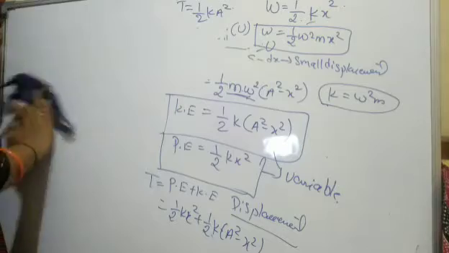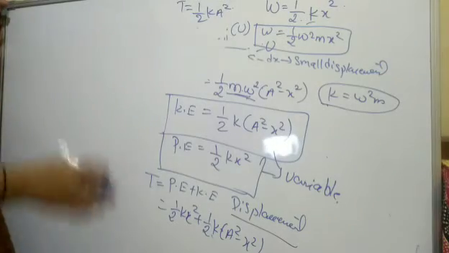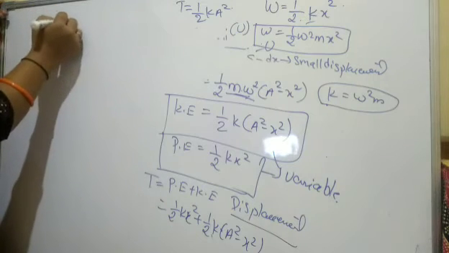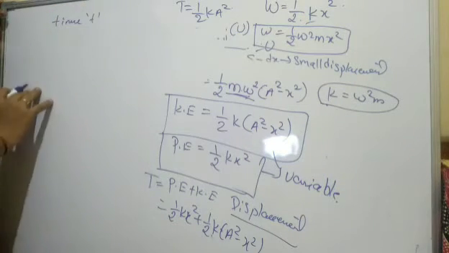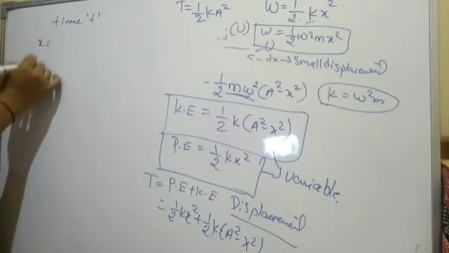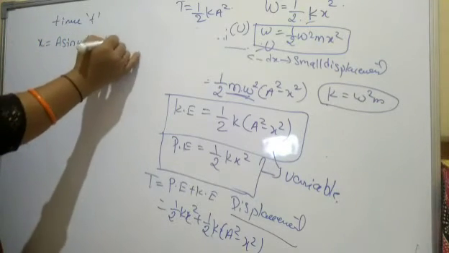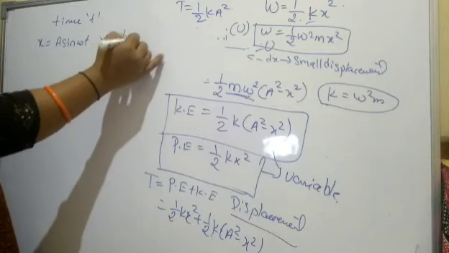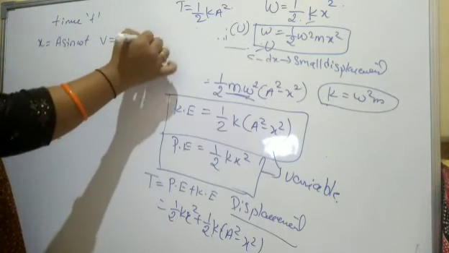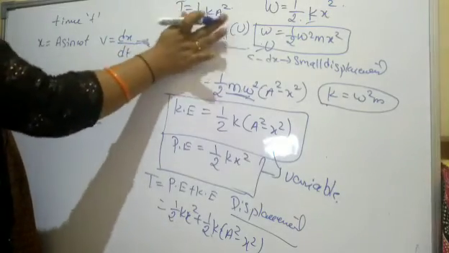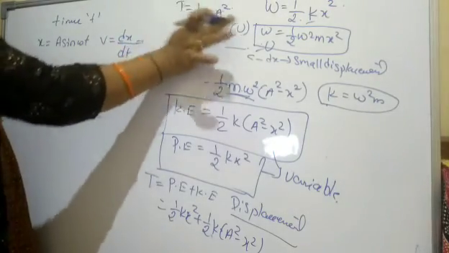We'll cross check with the variable time. So in the time part, we have a general equation, x is equal to a sine omega t here. V is equal to what? dx by dt. That means a cos omega t into omega, the derivative of x.